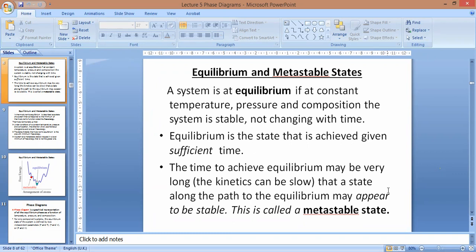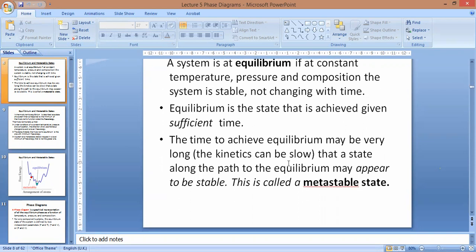The kinetics can be slow. So a state along the path to equilibrium may appear to be stable. That is known as the metastable state. So it appears to be stable and looks like it's equilibrium, but it's not.